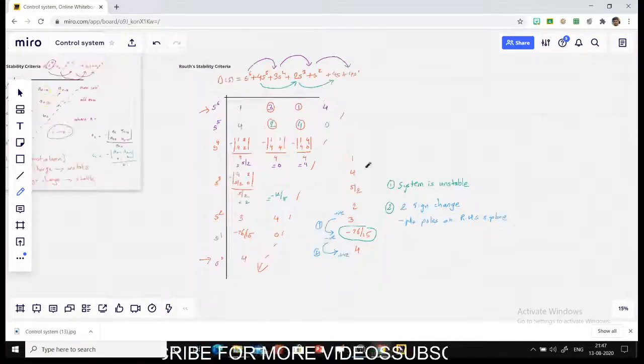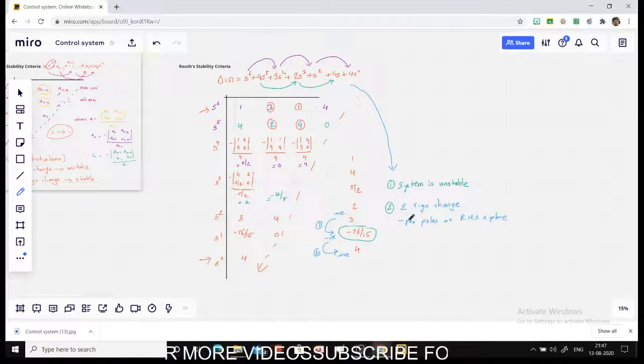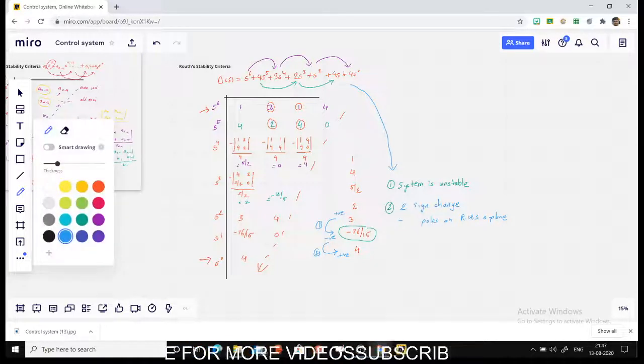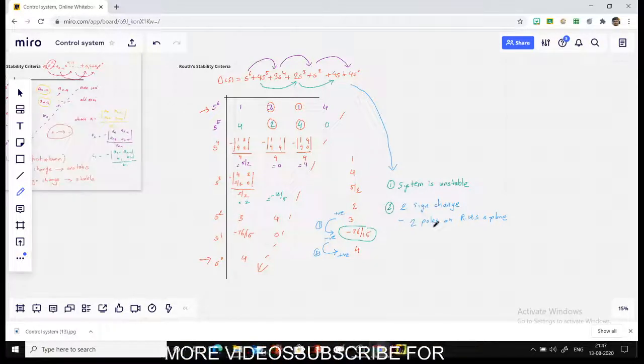There are two sign changes, that means two poles on the right hand side of your S plane.